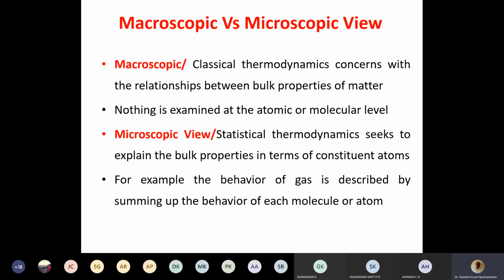But later investigations found that matter consists of atoms and molecules. Then people tried to look at atomic levels to see how things happen. They were able to come to the same conclusion. Whatever understanding the macroscopic approach was giving, they were able to arrive at the same understanding by looking microscopically.